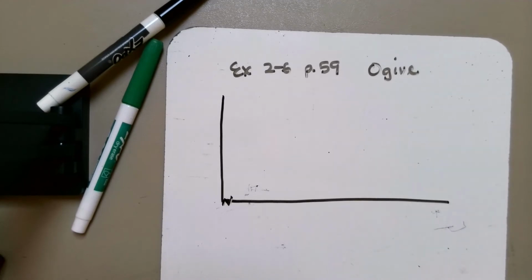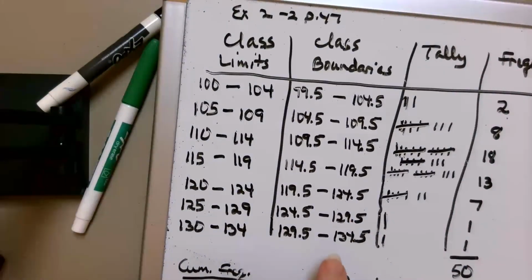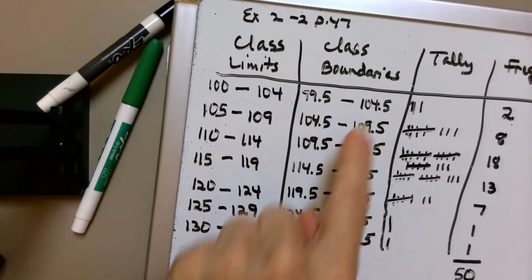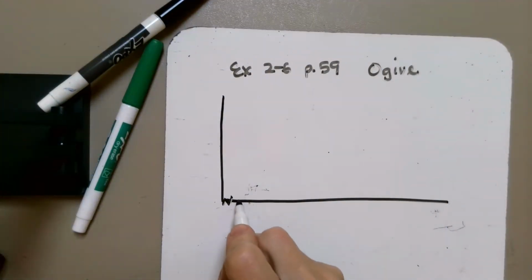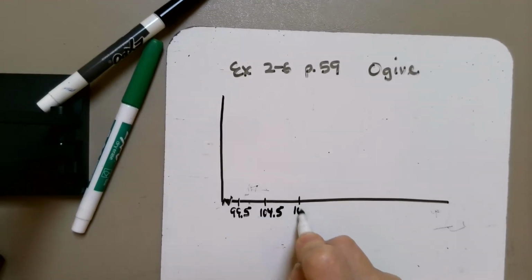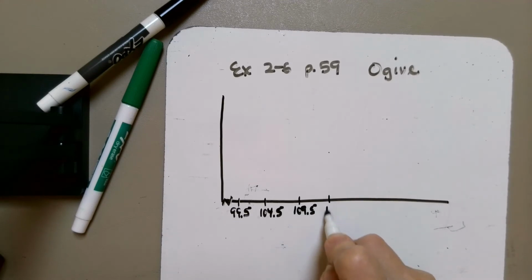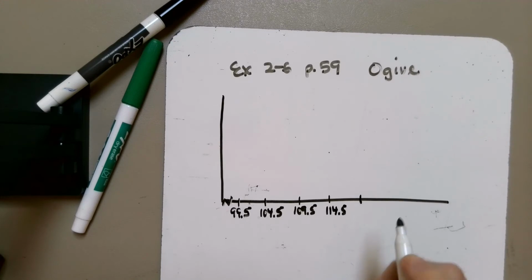So when we go back to our original data, we have class boundaries here starting at 99.5. We're just going to list them all the way up to 134.5, not repeating them because they overlap. So we're going to start, and I made a break there since I'm not starting at 0. 99.5, again, just listing class boundaries, 104.5, 109.5, 114.5, adding 5, right?